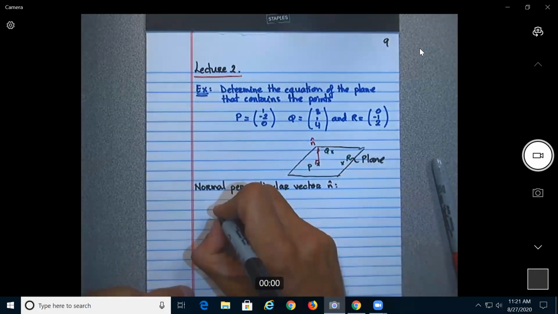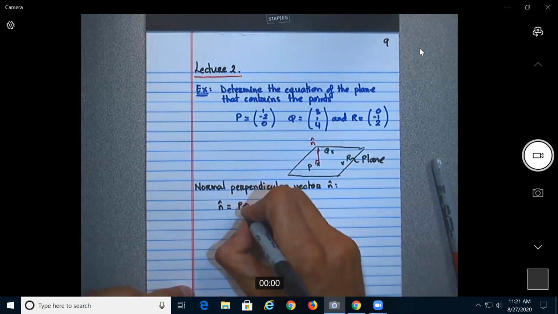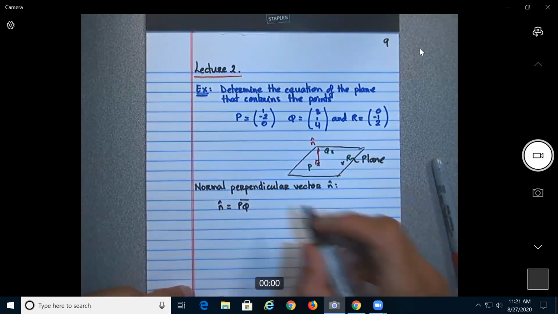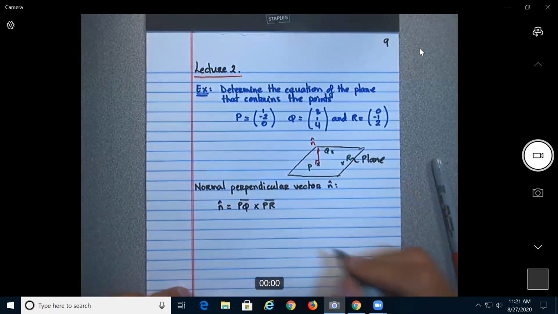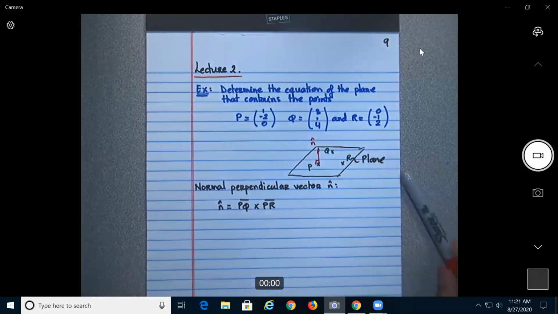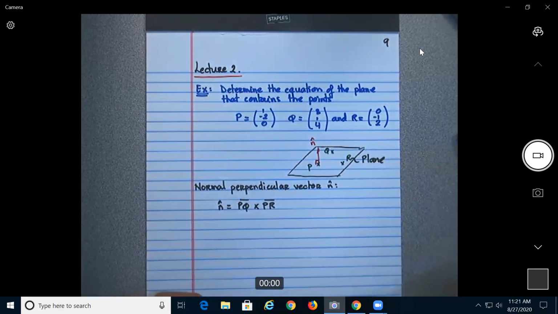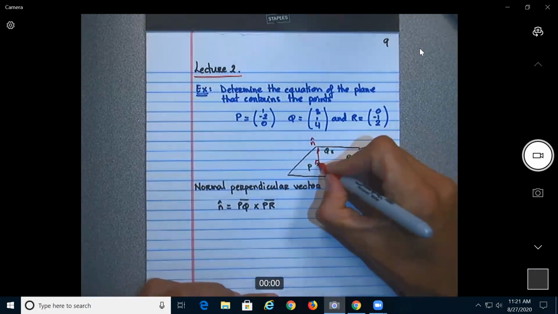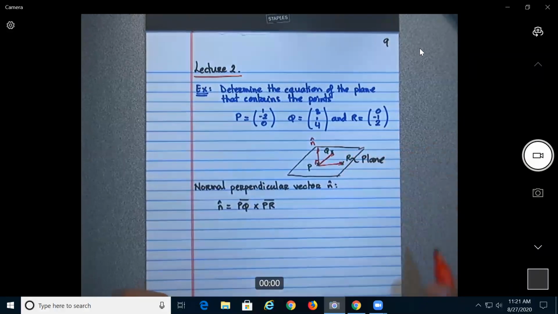We can say that n would be equal to, and you can do a different one, but let's say we do vector PQ cross PR. And the resultant of the cross product should be a third vector that is perpendicular to the other two, PQ and PR, no?